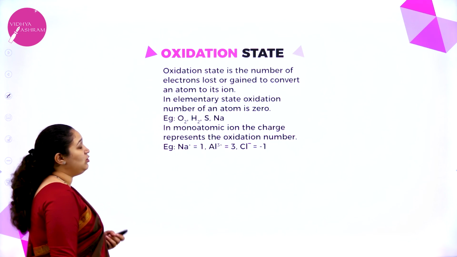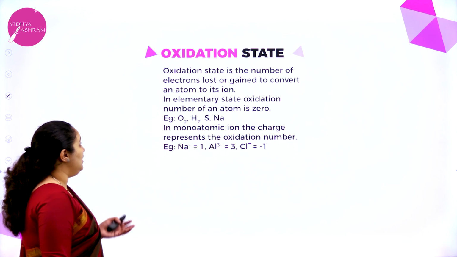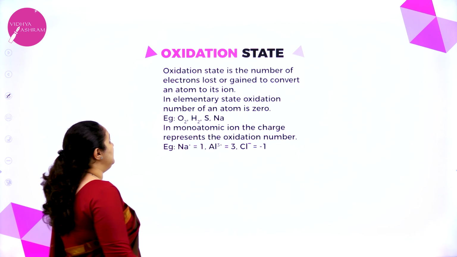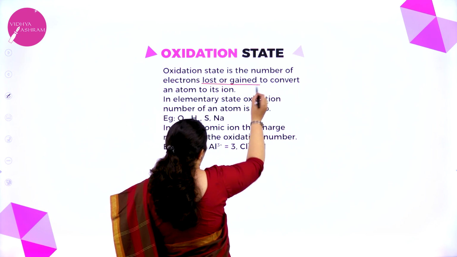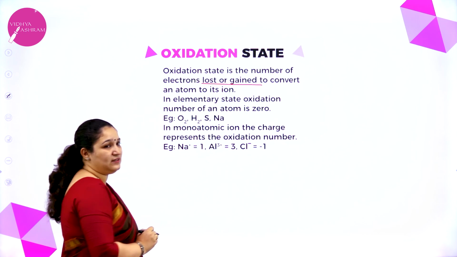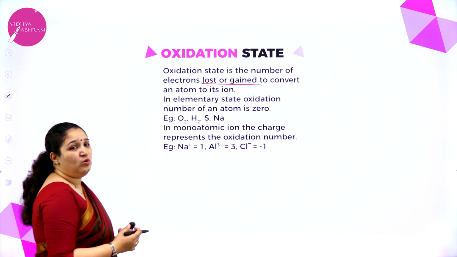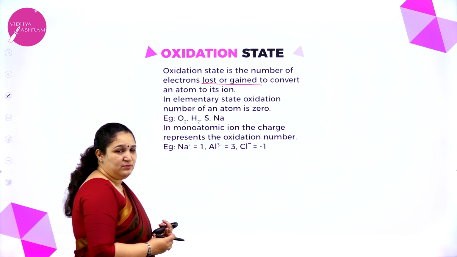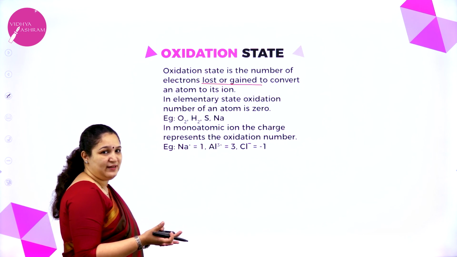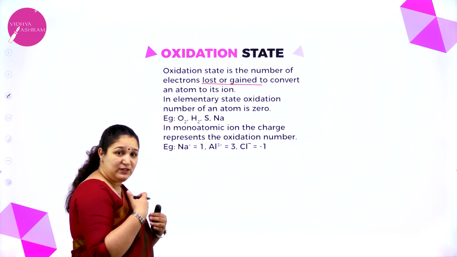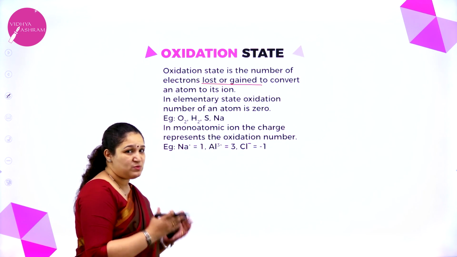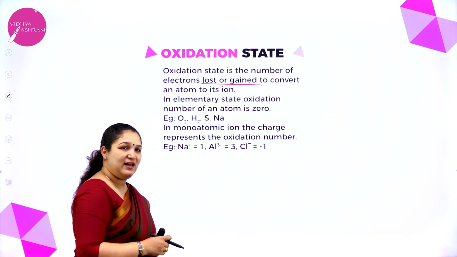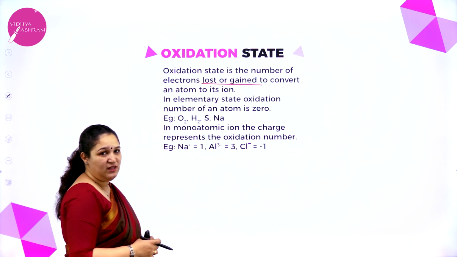Next is about oxidation state. Now oxidation state is the number of electrons lost or gained to convert an atom to its ion. So whether the atom has a tendency to lose electrons or gain electrons. If it loses electrons, it becomes positively charged. If it gains electrons, it will become negatively charged.